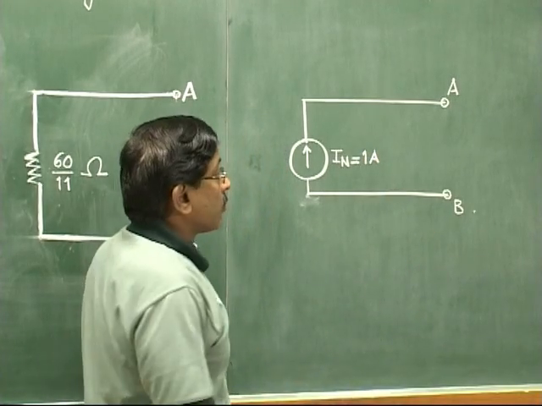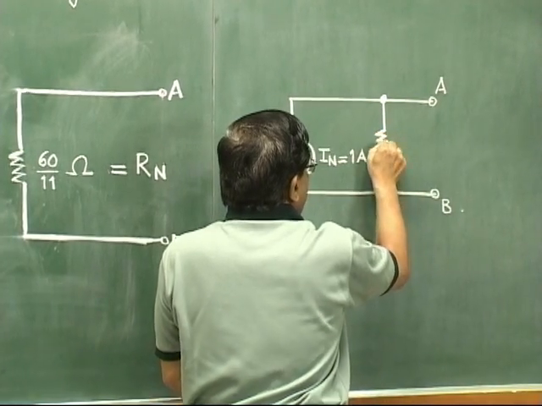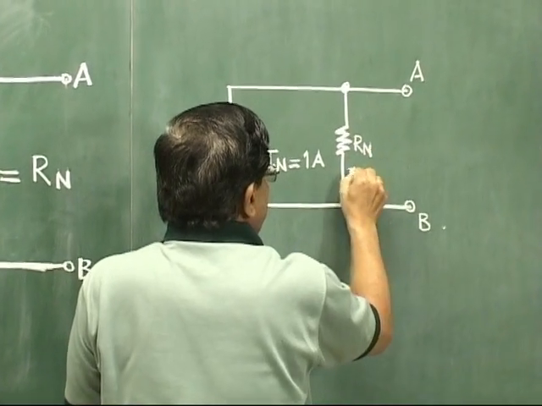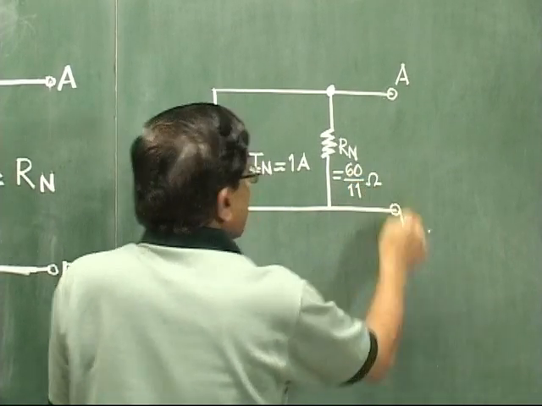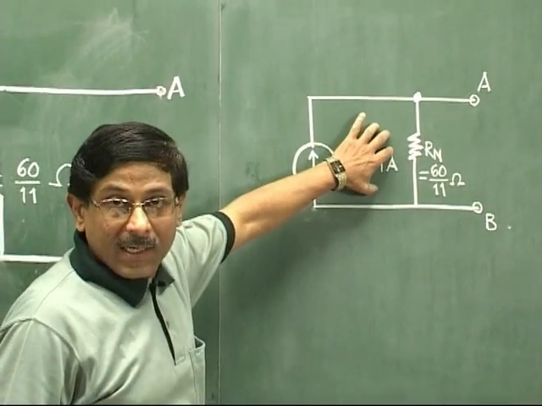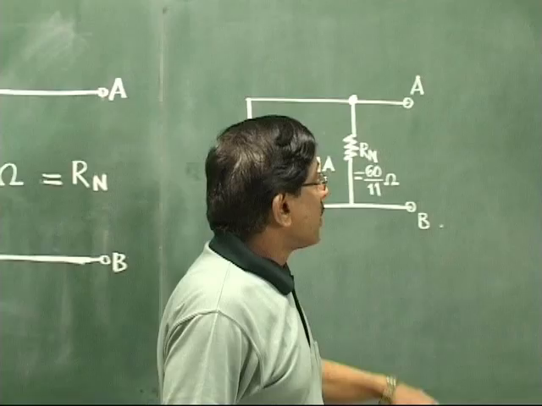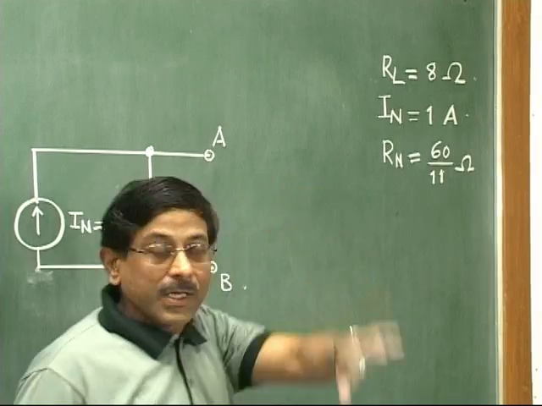One more thing we have to show. We have to show Rn. It is shown in parallel to the current source. So this is our Rn, and its value we have calculated as 60 by 11 ohm. And then the final thing, after drawing the equivalent circuit across the two terminals A and B, our next job is very simple. We just reconnect or reintroduce our load resistance into the given circuit.